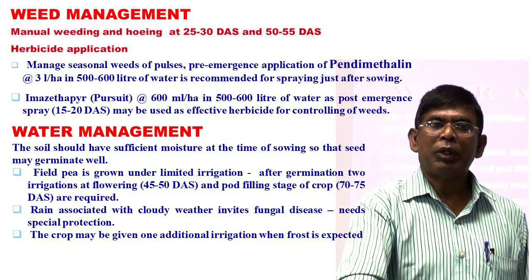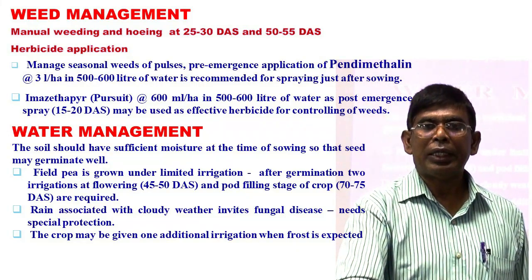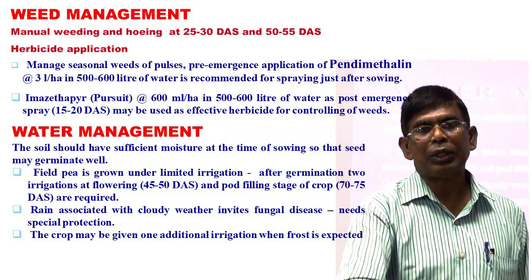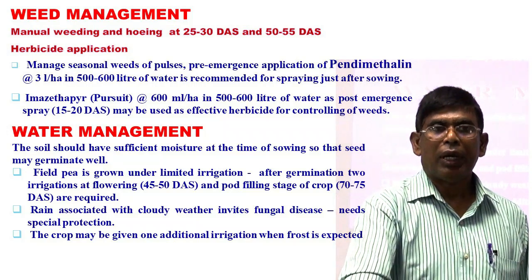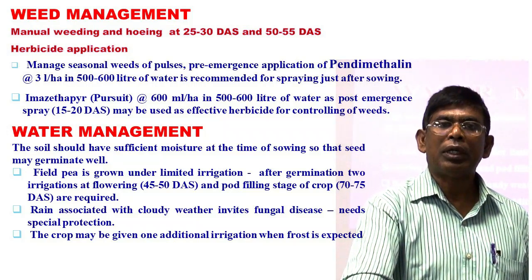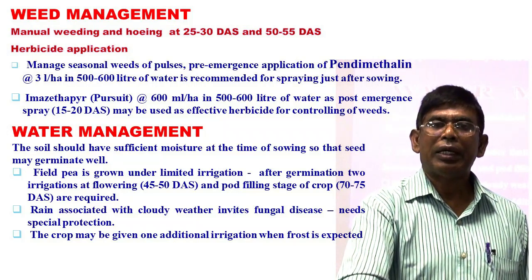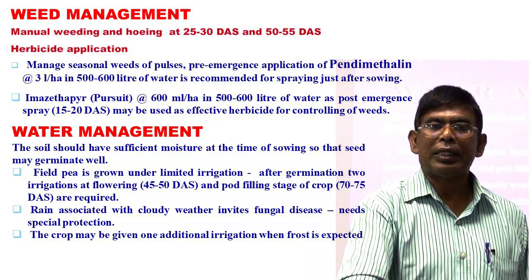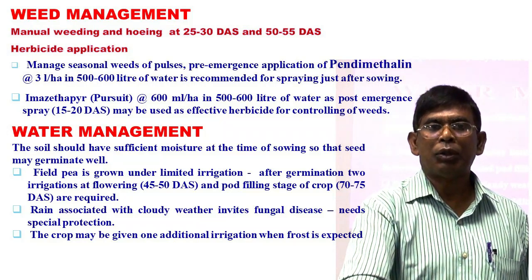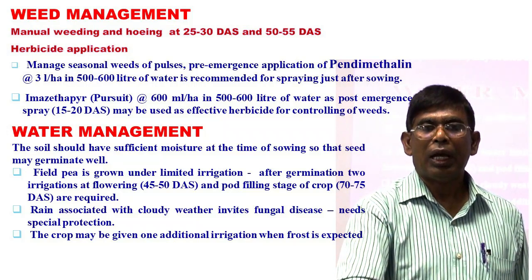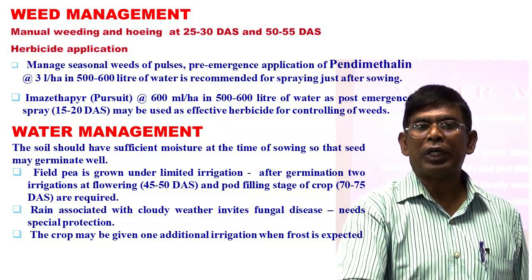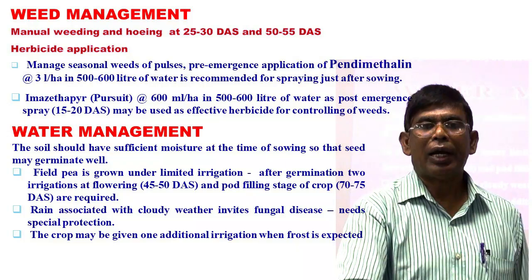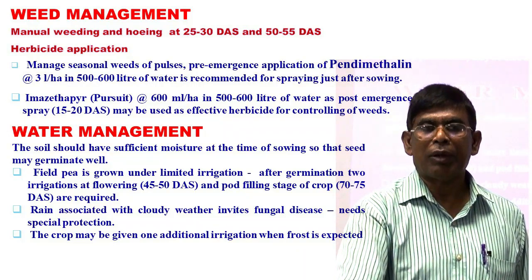If the soil is too dry, then you should apply one irrigation, then you should go for sowing. And another important critical stage is at the time of flowering, you should apply another irrigation, and a second irrigation should be given at the time of pod development.